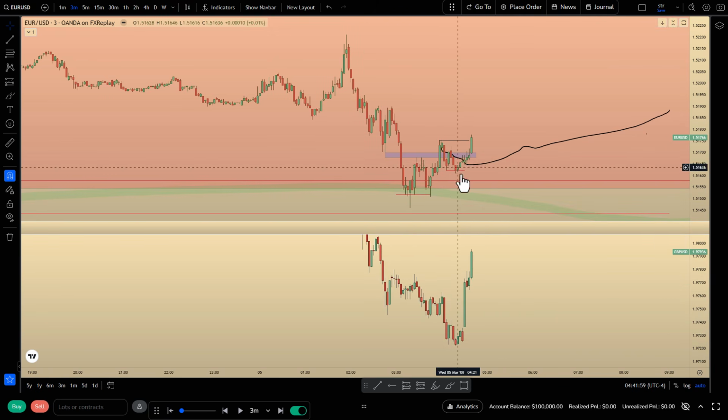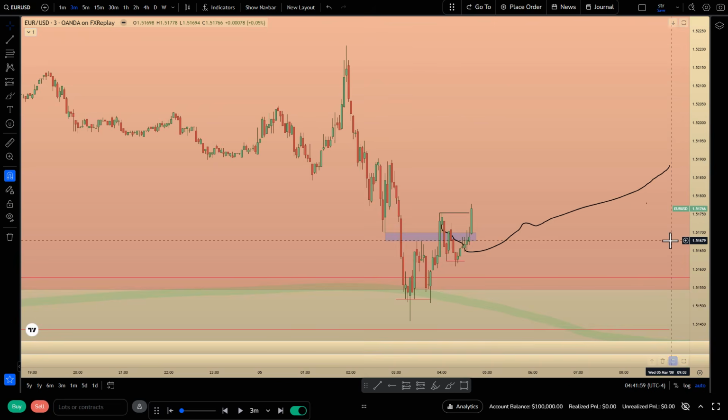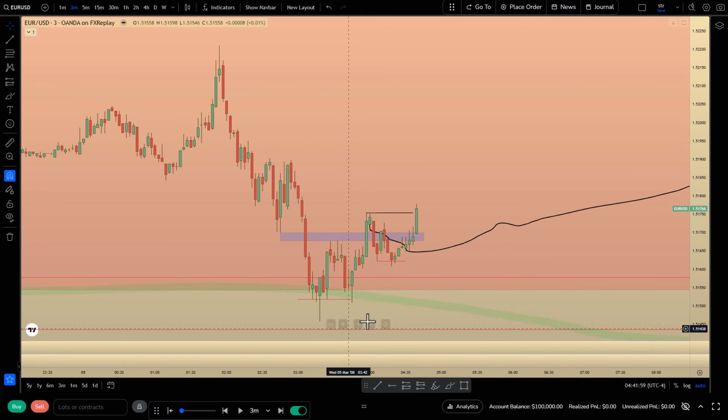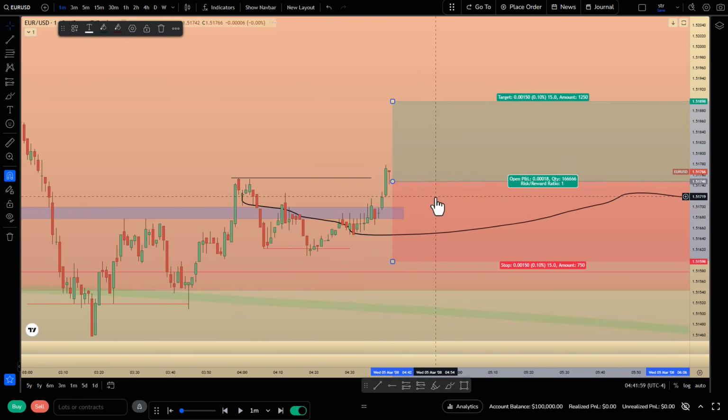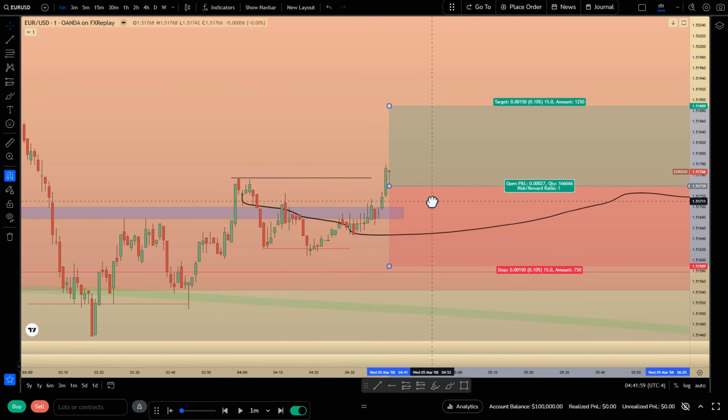So that's a nice sign that we aren't bullish, and we can trust this break of structure. So I want to enter right here, or I want to enter on this imbalance.